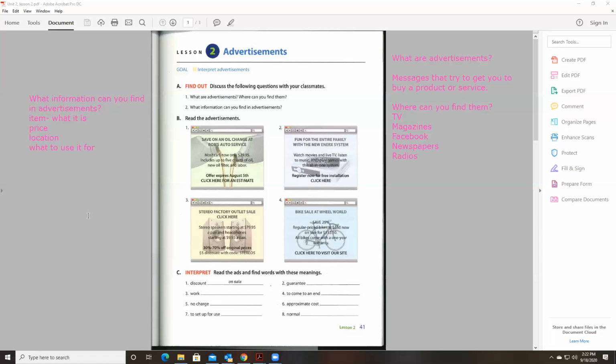Okay, now let's look at number 2. What is a guarantee? For me, when I look at the word guarantee, I think of the word warranty.